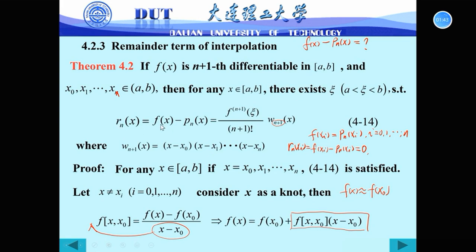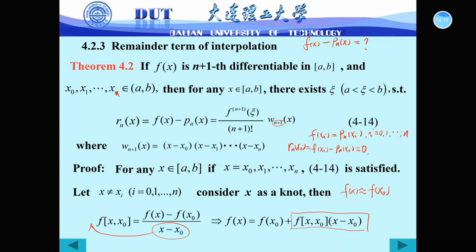R_n(x) is equal to the n plus 1 order derivative of f at some c, also inside the interval, divided by (n plus 1) factorial, multiplied by w_{n+1}(x). And w_{n+1}(x) is this degree n plus 1 polynomial, (x minus x0) multiplied through to (x minus xn). Remember?